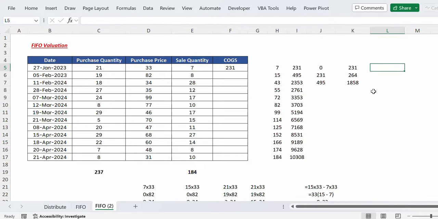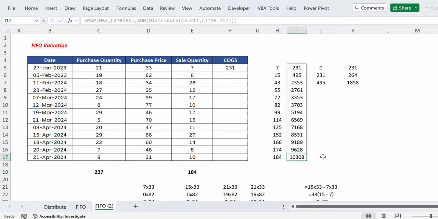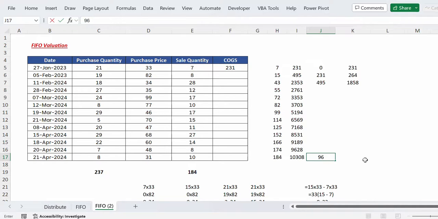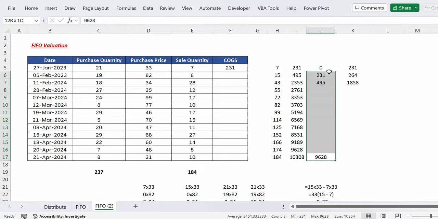What we could do first of all is drop the last value from this array. So let's drop the last value, and let's see why we are dropping it as well. When we reach here, we are just trying to subtract 9628 from this value, right? That is the previous value for this value. So there is no use of this last value ahead in constructing this array.